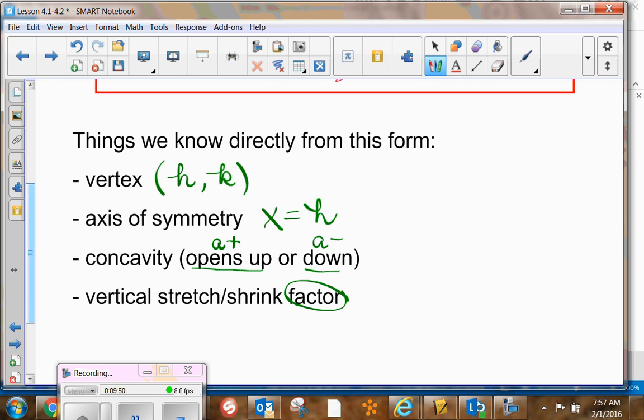So you'll be multiplying by a larger number, a whole number, a greater than one factor. That would be for a stretch.